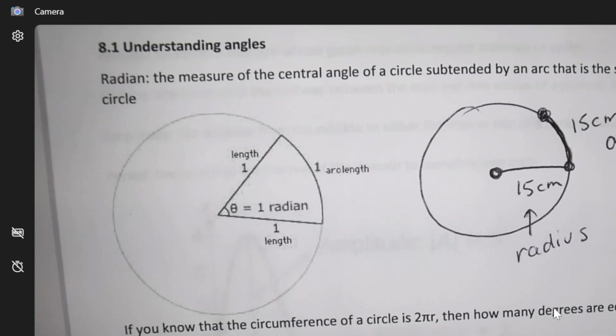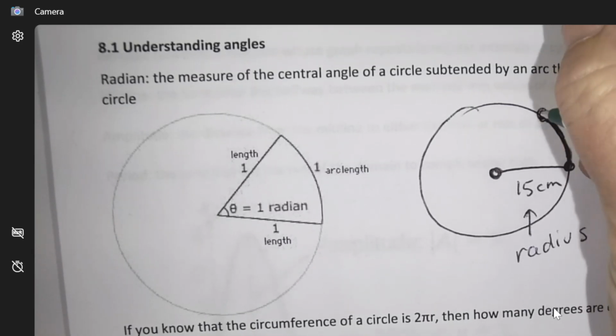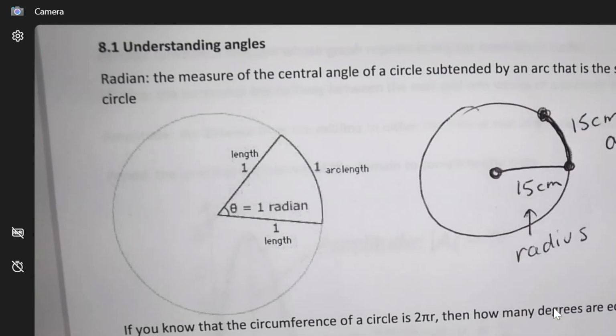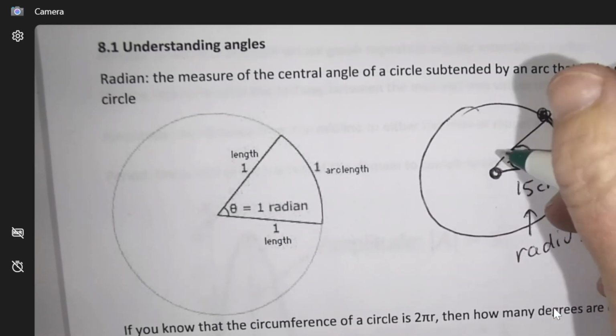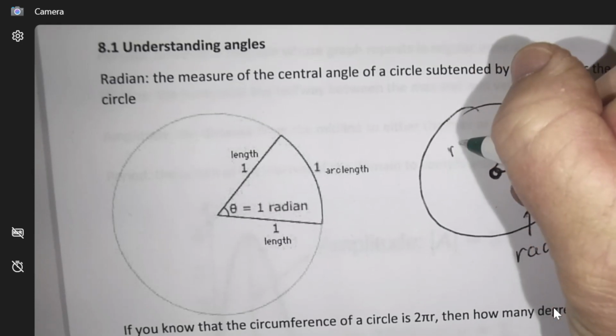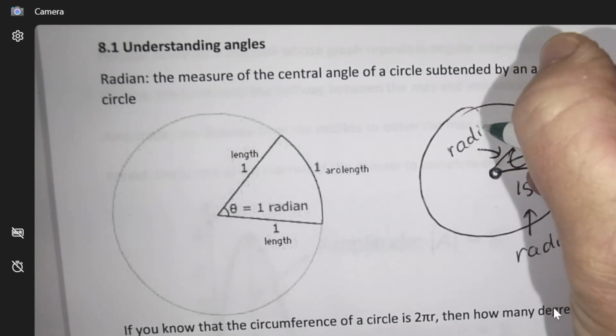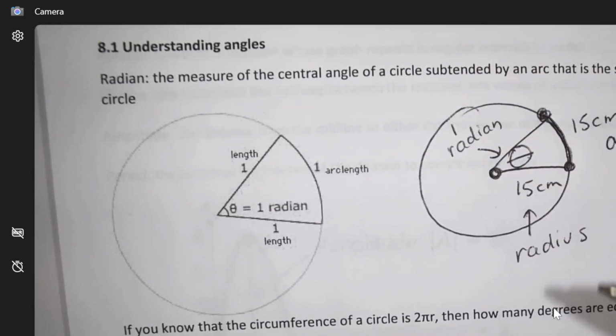I can't measure that with a ruler, it's circular, right? You could use a shoelace and stretch it out. But as soon as you go around the circle for the same amount as the radius, this angle would be 1 radian. The angle is called a radian, and that's the definition of it.